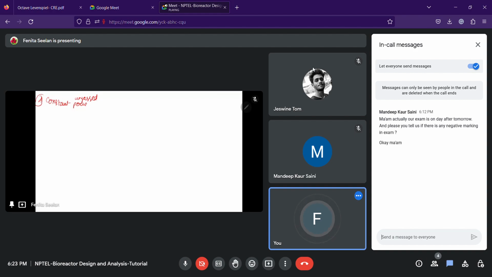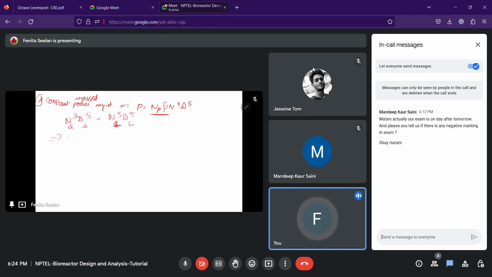Then P is equal to NP, power number, rho n cube d power of 5. This is the liquid tank diagram, right? So what are the constant things here? We can remove those things. So these two are constant. So n cube d power of 5 equal to n cube d power of 5. So this is your S, L.